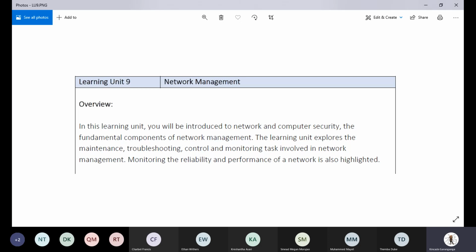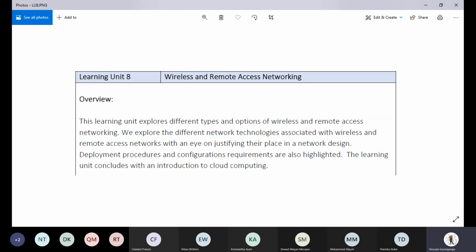So those are the 9 learning units at large associated with the actual module itself. But again, like I said before, while we're going to be touching on most of this content, the main focus is for you to understand exactly how this all gels from a practical point of view, and how relevant it is for you to successfully complete the tasks at hand, as well as successfully submit your POE, and successfully understand exactly what it is that you're doing, so that when you move into your own professional spaces, you get an understanding of what is happening in that regard.